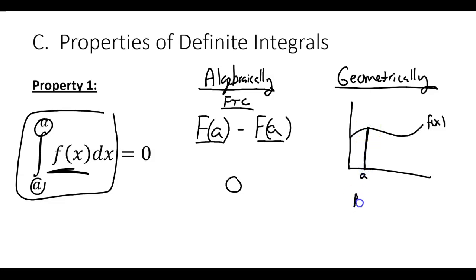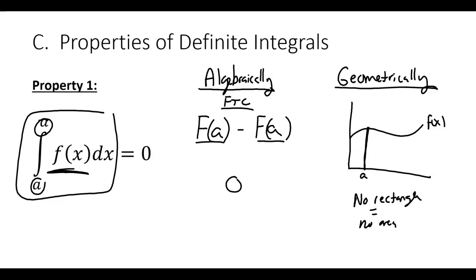There is no area because we don't have a rectangle. No rectangle equals no area. Now if I were to go from A to B, well, now you've got a rectangle that you could estimate. But if you're just stopping at one single point, of course you can't have an area under the curve.